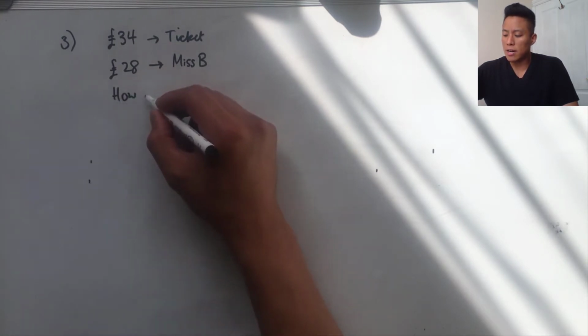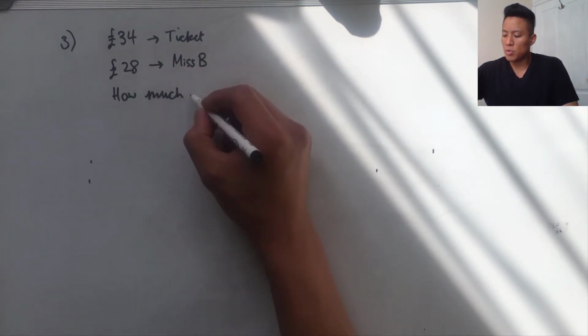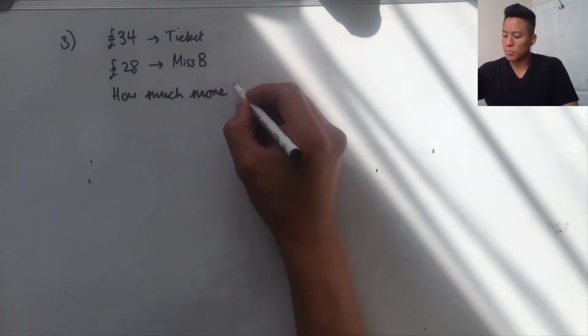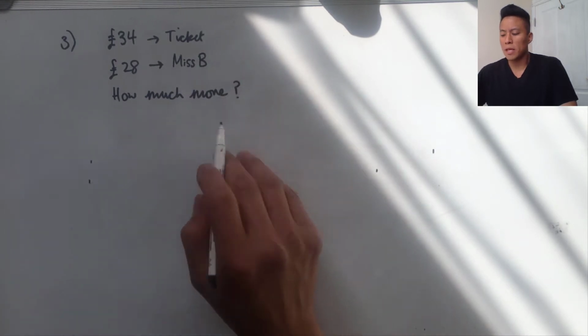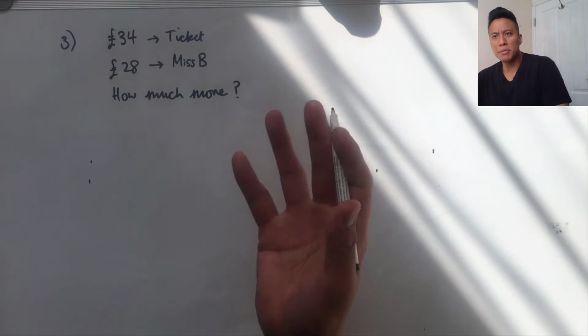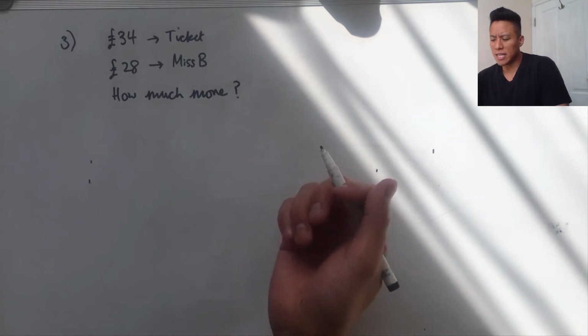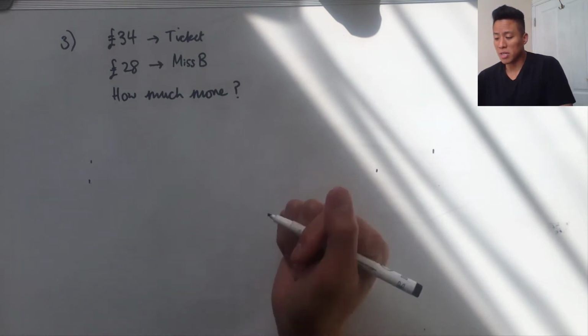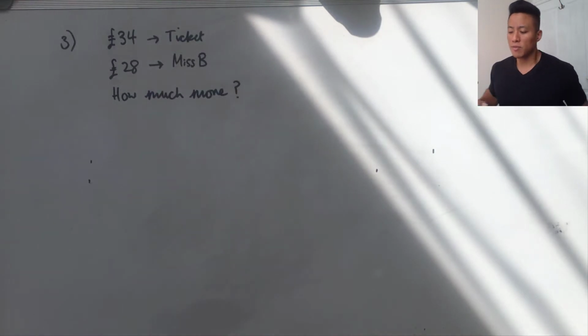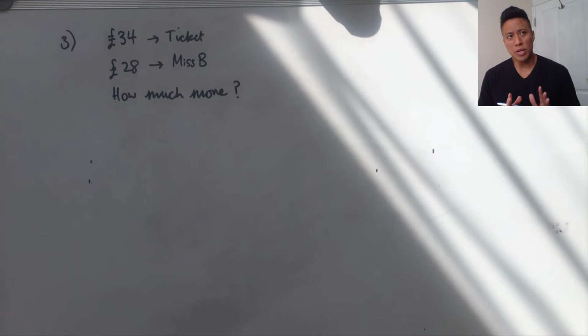So how much more? So I wonder how much she needs now. So we know that she doesn't have enough. Right, so we've got a ticket for £34 and Miss Buckley only has £28. So we're going to have to compare those two amounts.